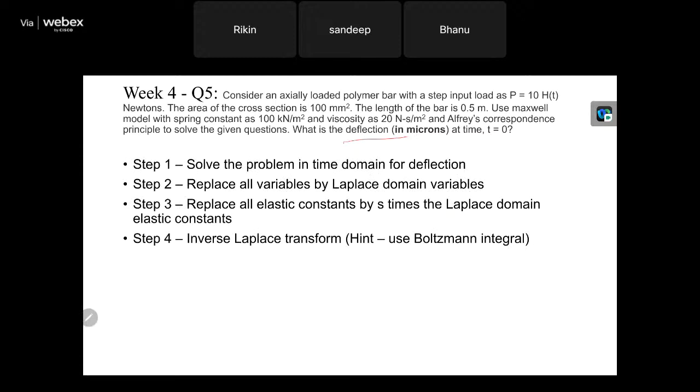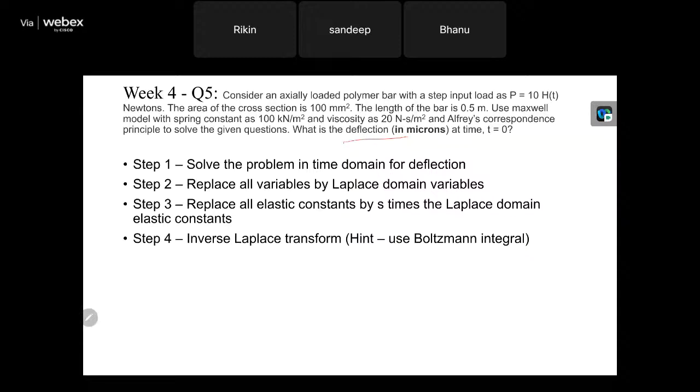So you assume that this follows the principles that we use to solve any problem for steel or aluminum, using the viscosity given, the spring constant and the elasticity given, and we solve it in the time domain. But we don't find the answer.